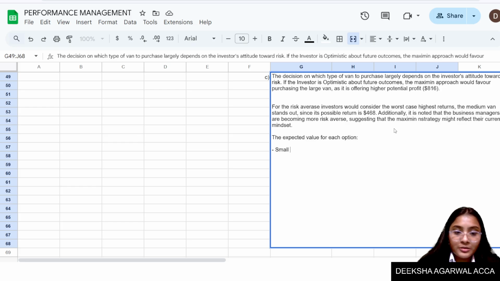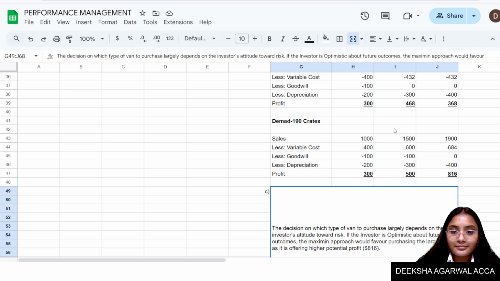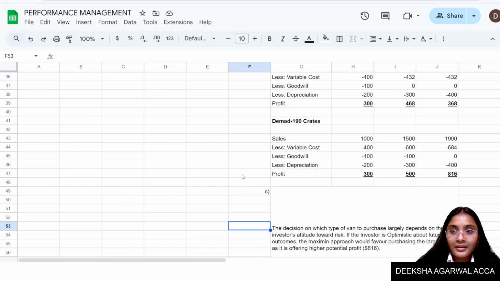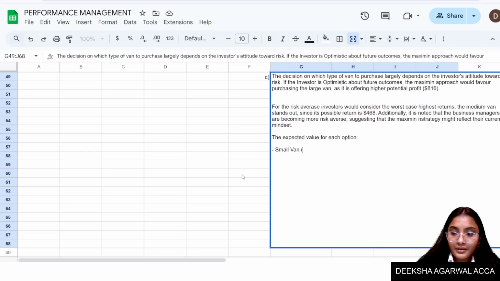For your small van, how much will it be? I need to look at the profit. In both cases it is 300 only. So 300 into 0.6 plus 300 into 0.4, that will be 300 only.